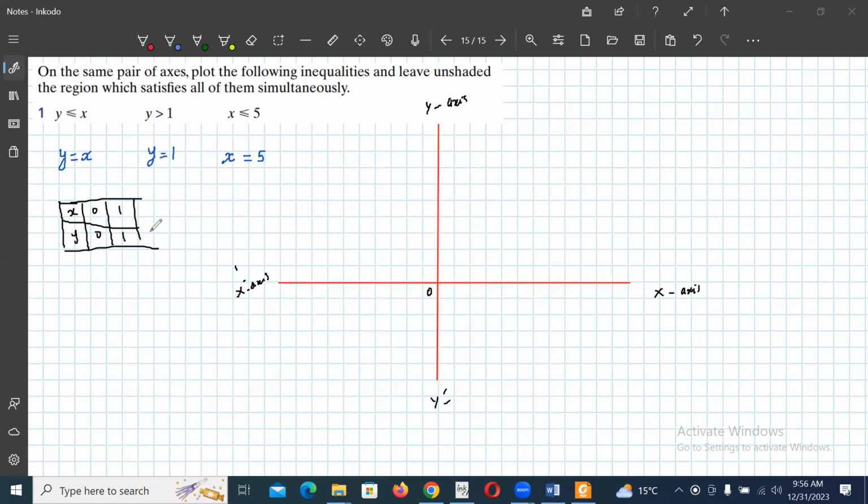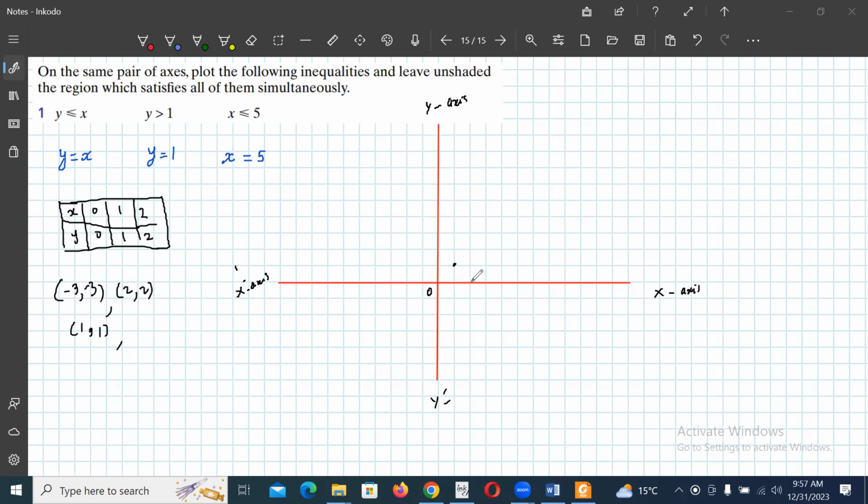If x is 2, y is 2. Means the coordinates are the same, like minus 3, minus 3, 2 comma 2, 1 comma 1. So it's easy to plot. If you plot, it would be like that: 0, 0, 1, 1, 2, 2.